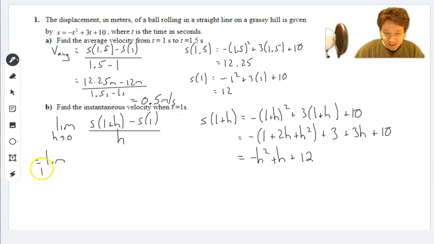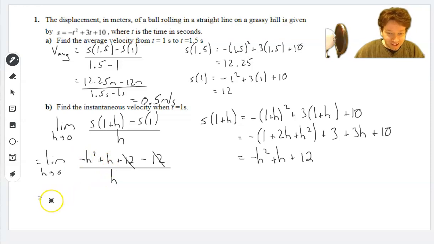So now we can substitute this. So we get the limit as h approaches 0. We're going to substitute this one, so minus h squared plus h plus 12. And then we're going to subtract s at 1, which we figured out up here is 12. So 12 all over h. 12 minus 12 is just 0. And in our numerator, we can factor out an h.